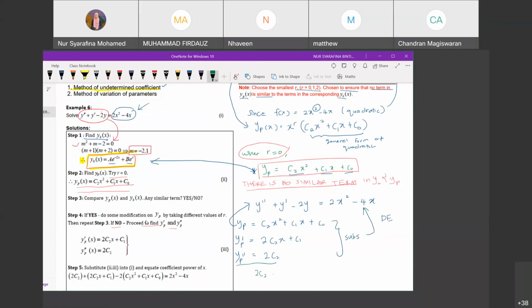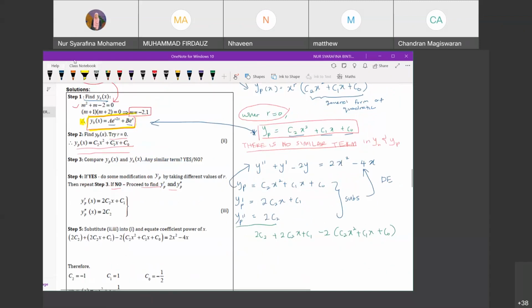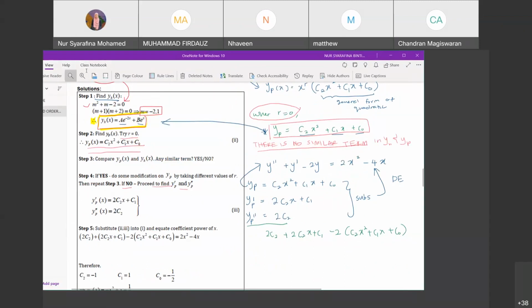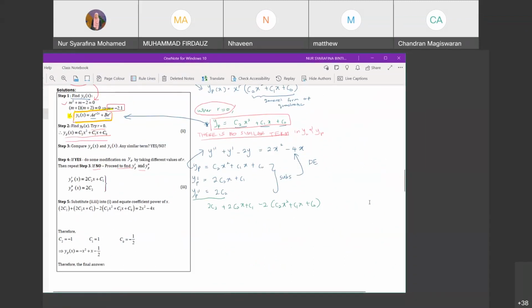Y prime is 2c2x plus c1, minus 2y. Y is c2x squared plus c1x plus c0. Why do we need to substitute? Because we want to compare with the right hand side function there.